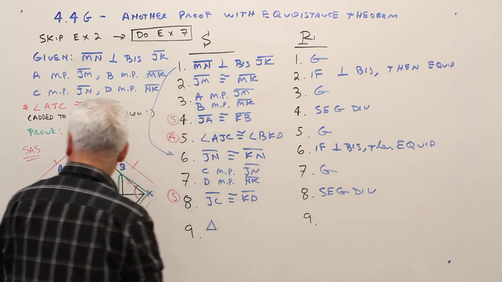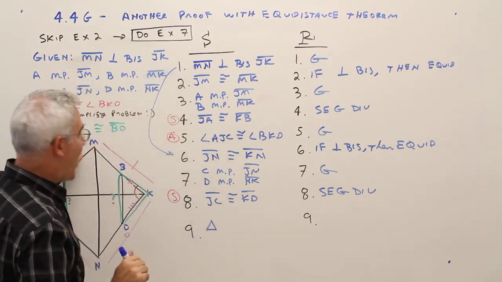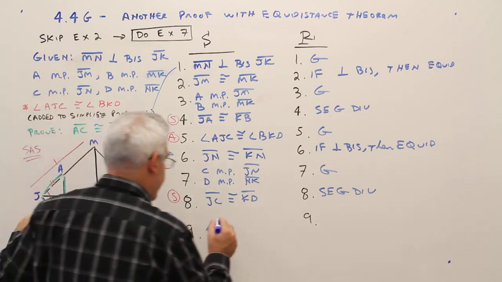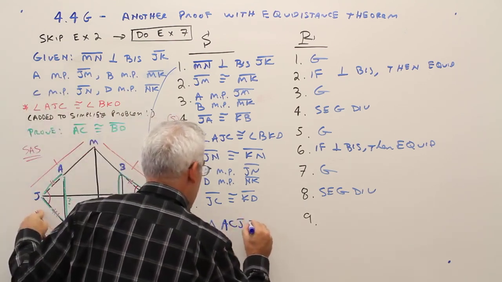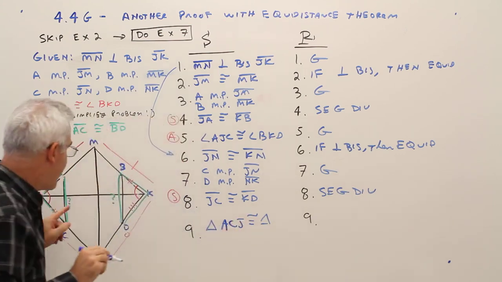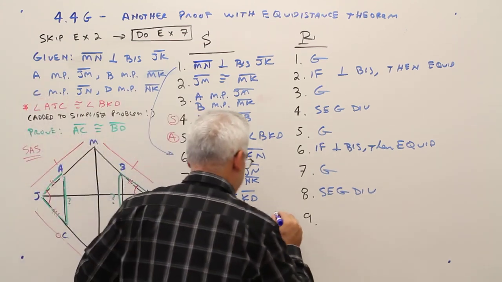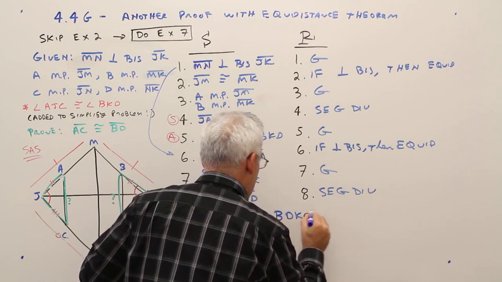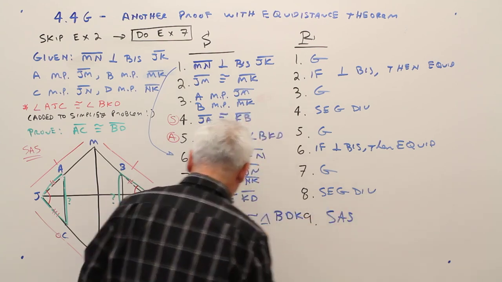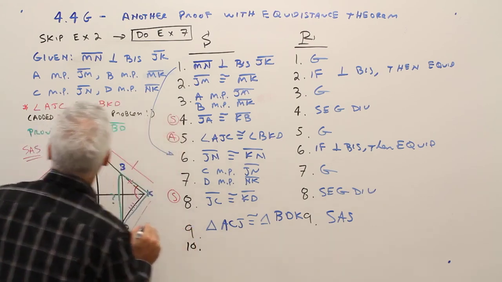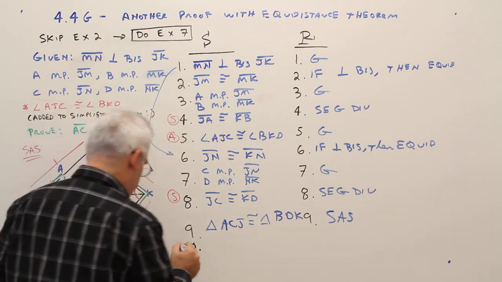So triangle, since I'm trying to go AC, maybe I'll start triangle ACJ. Once I do that, I'm stuck with BDK. And again, that would be by SAS. And then step number 10, they wanted me to get AC.